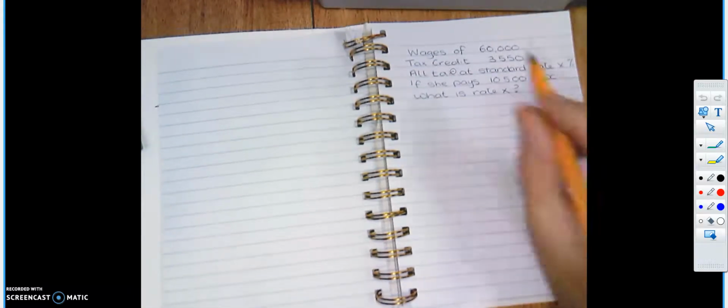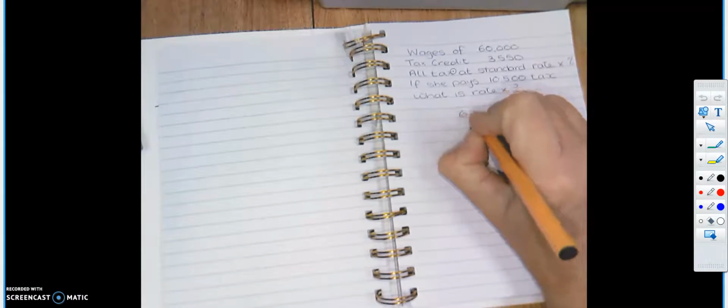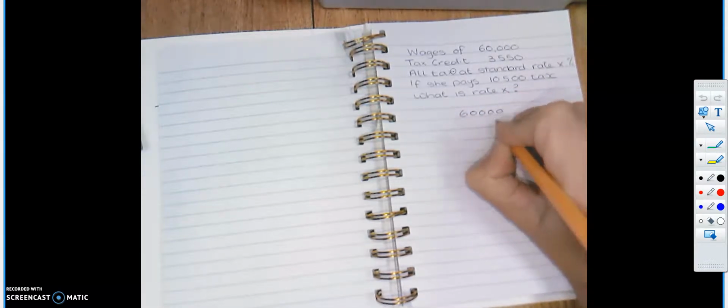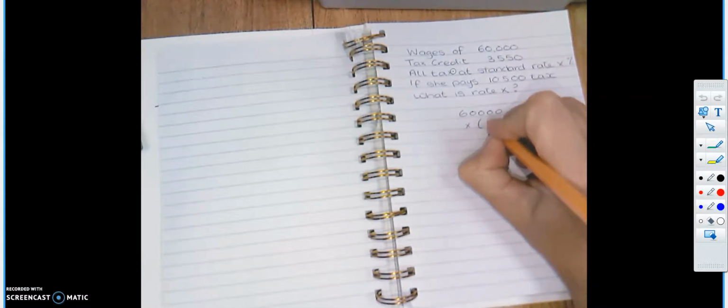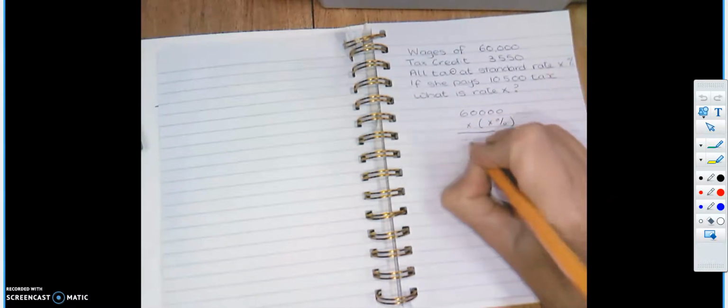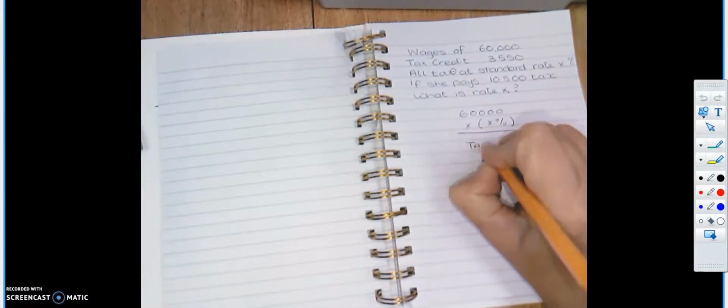So if we were working that out, we would go 60,000 times our X% should give us the tax payable.